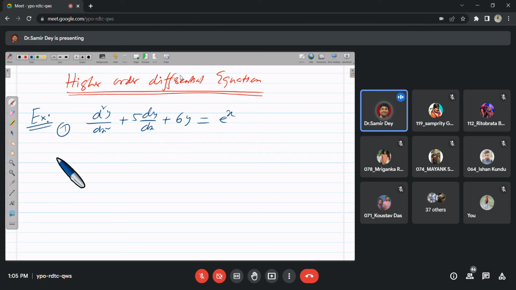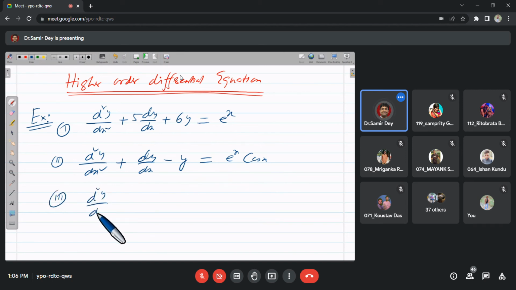Another example I can give: d square y/dx square plus dy/dx minus y is equal to e to the power x cos x. Number 3: d square y/dx square plus 4y is equal to maybe tan 2y. So these all belong to higher order differential equation.